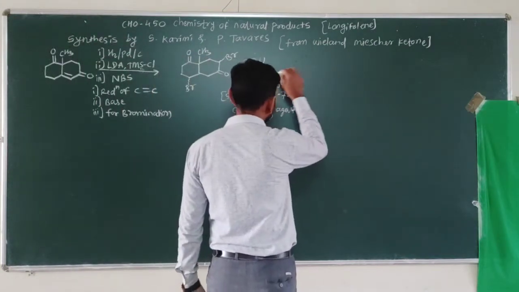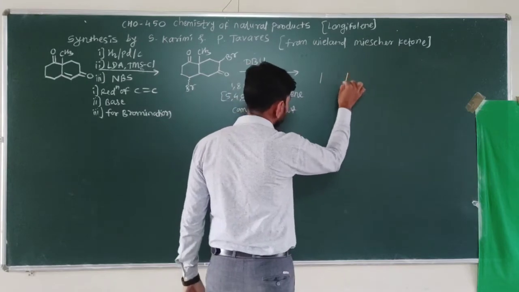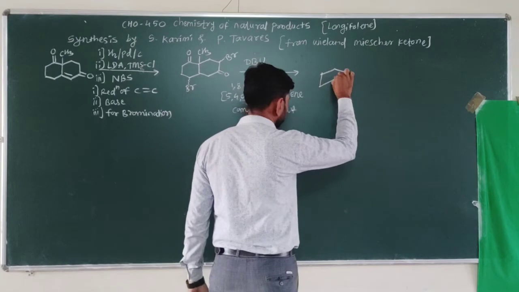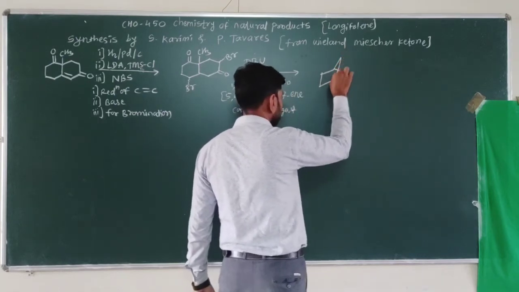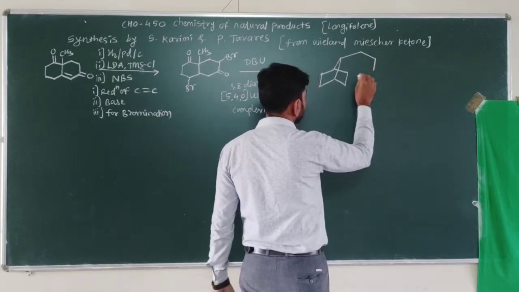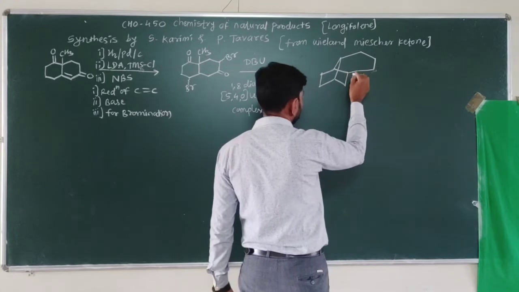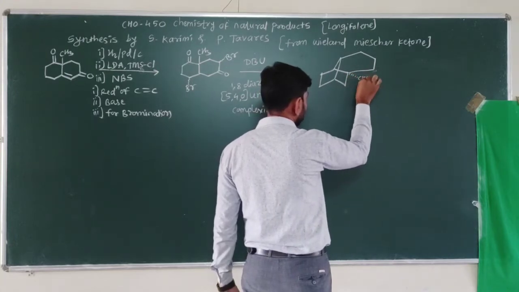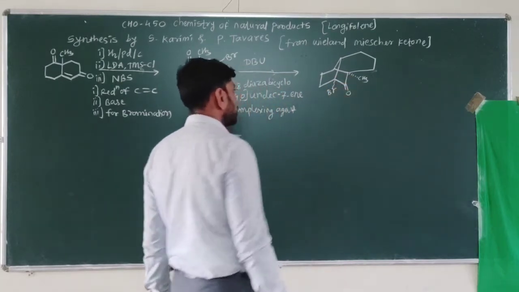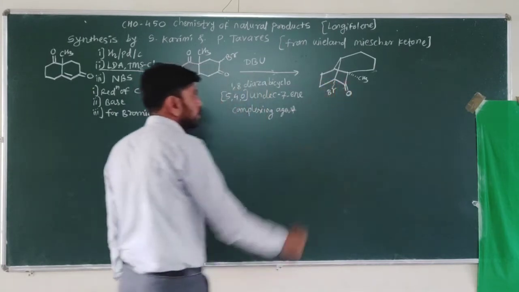So see the structure of this tricyclic compound obtained in this case. CH3 here, this double bond here, and one Br removed in the process, and another Br remains here.